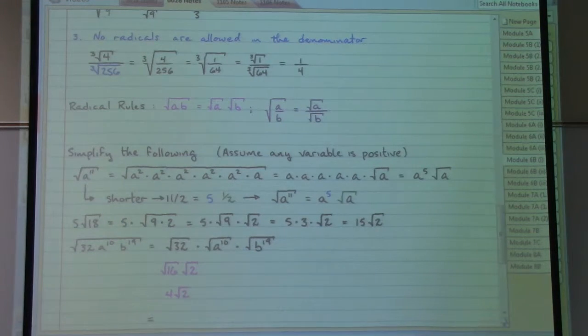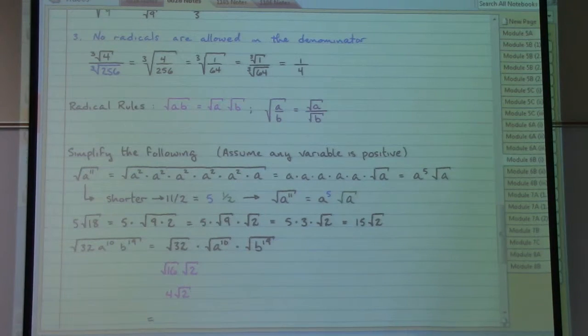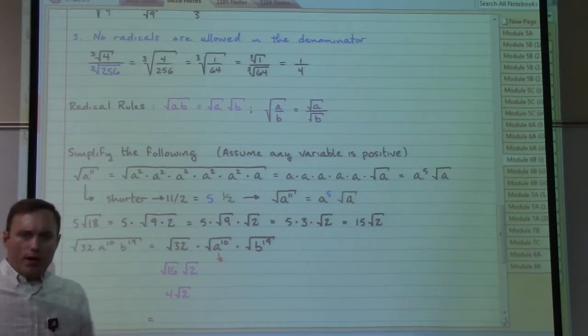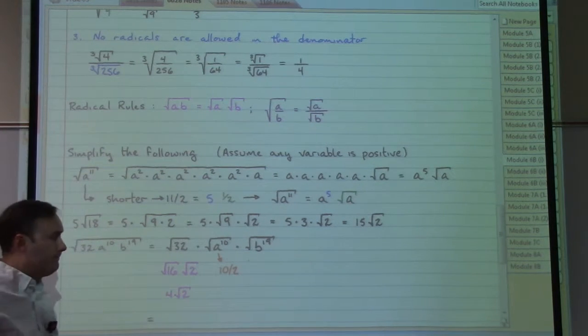The square root of 16 has a nice answer. The square root of 2 does not. And so that takes care of part of what we need. The other parts that we've got going on here are going to be related to our letter pieces. So for our A business, the shortcut that we had mentioned a few minutes ago said, let's take the original power. Let's divide by 2 because this is a square root problem.